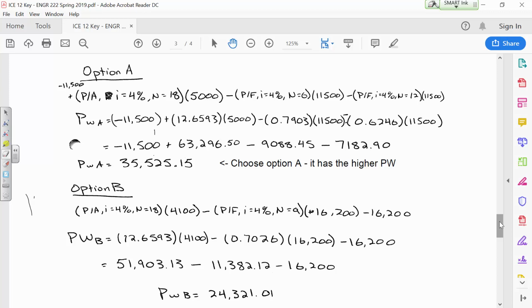Both of them, when you discount the revenue at the MAR, have a present worth greater than 0. So that tells you you'll make a profit. Either option A or option B will be profitable. But option A is more profitable because it has the higher present worth when everything gets discounted to year 0.